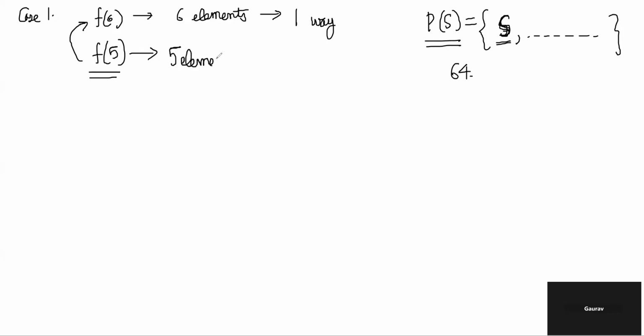If f of 5 has 5 elements, then how many ways to make that subset? How many subsets are possible? Tell me. These 5 elements are subsets of f of 1. F of 1 was S itself. So how many ways can we pick f of 5?